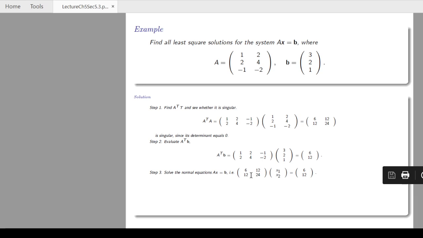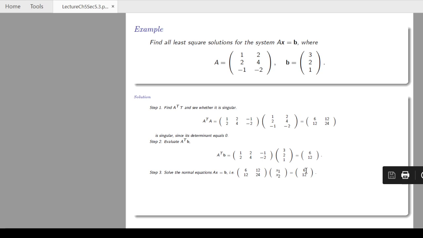But if we look at the second equation, it is the same as the first equation times 2. So that means we just need to solve the first equation, 6 times x1 plus 12 times x2 equal to the right-hand side.